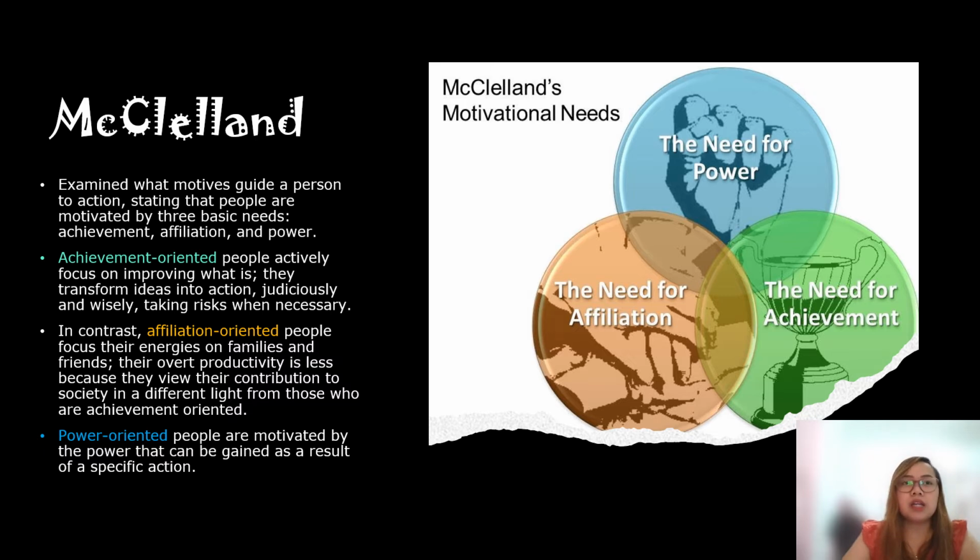In contrast, affiliation-oriented people focus their energies on families and friends. Their overt productivity is less because they view their contributions to society in a different light from those who are achievement-oriented. Power-oriented people, on the other hand, are motivated by the power that can be gained as a result of a specific action. So for McClelland, managers can identify the achievement, affiliation, and power needs of their employees and develop appropriate motivational strategies to meet those needs.